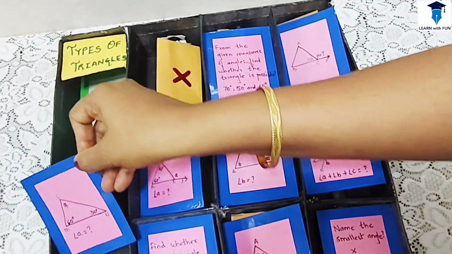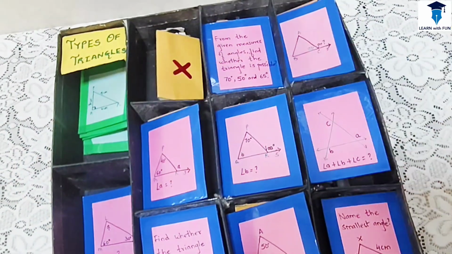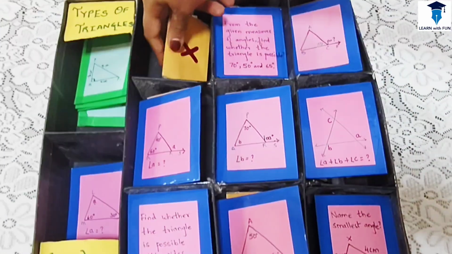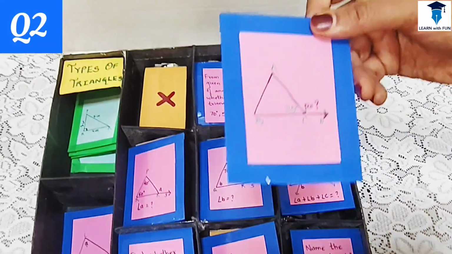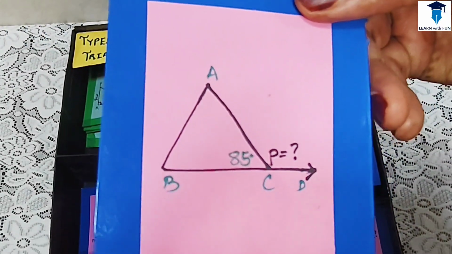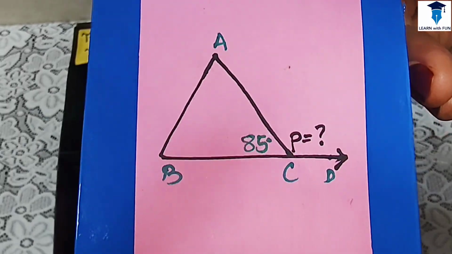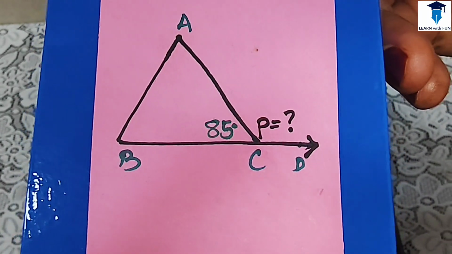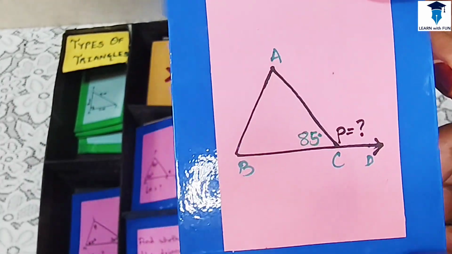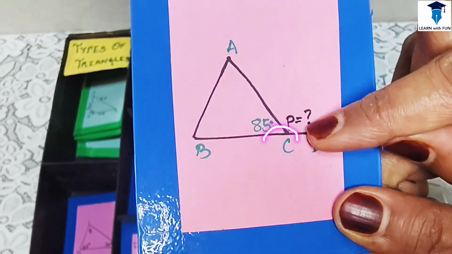Now similarly, it's time for the 0 to give the answer. So let's see where he wants to place 0. Now suppose a person wants to place 0 over here. Here a triangle ABC is there and the exterior angle ACD is asked, how much it is. Now you will observe here, a linear pair is formed.